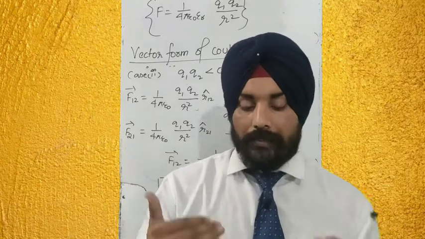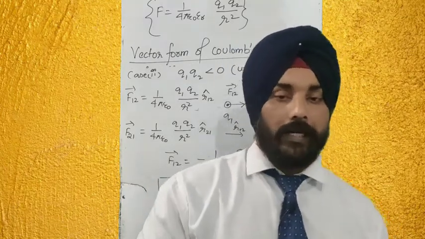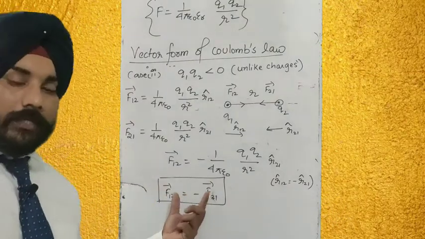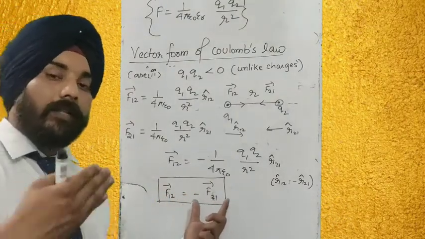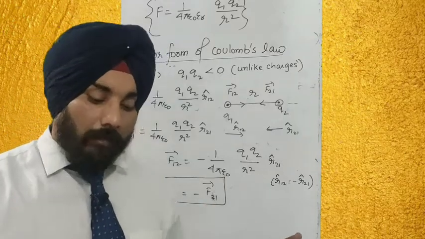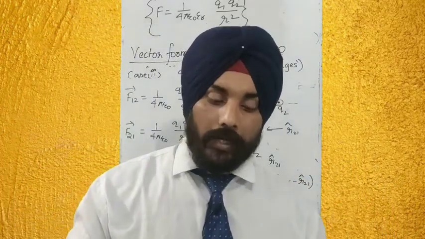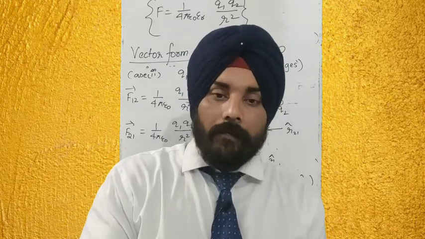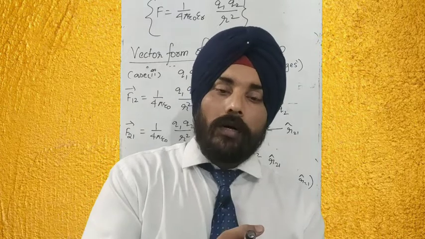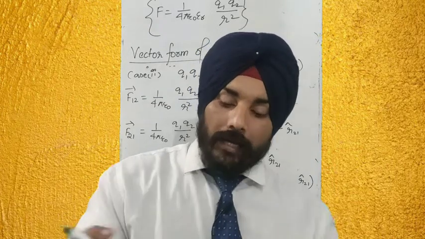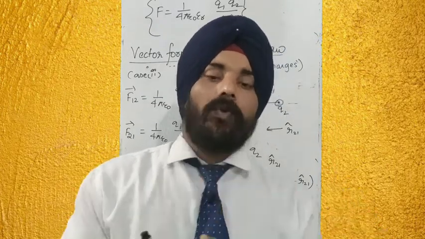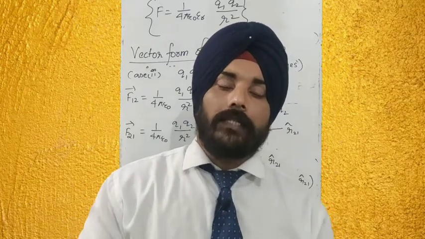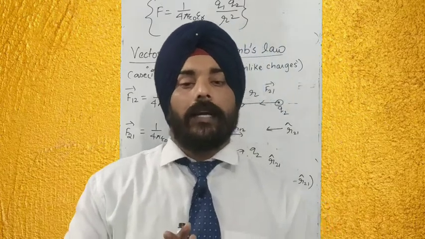What does this result signify? It signifies that these forces are acting on different bodies and are equal in magnitude and opposite to each other. Forces acting on different bodies, opposite and equal in magnitude, are always action-reaction forces, as you have studied in class 11th.